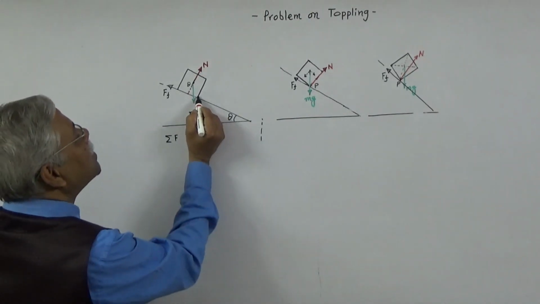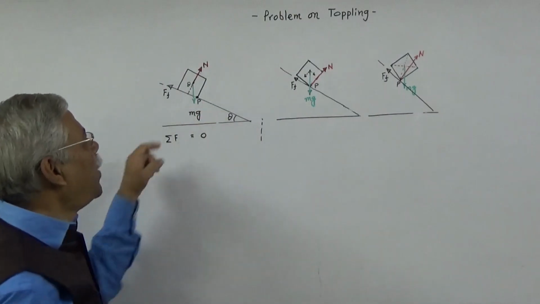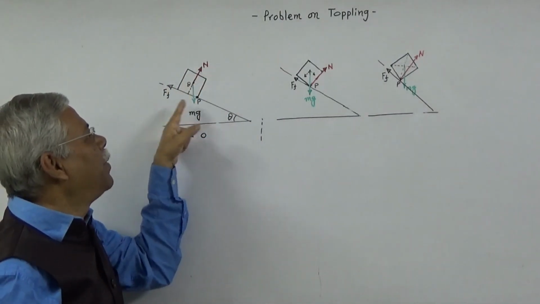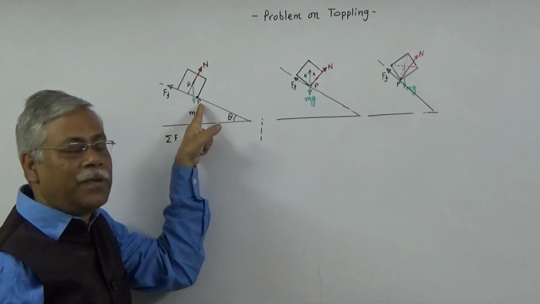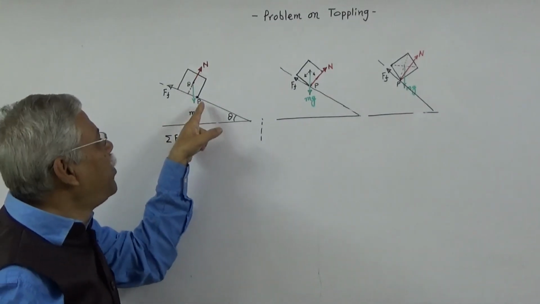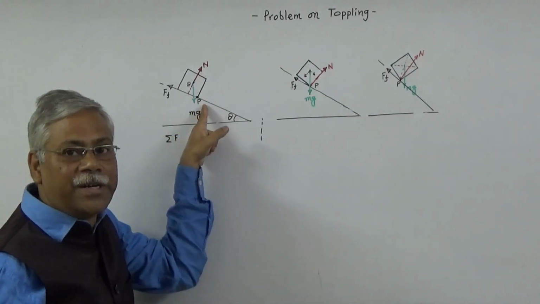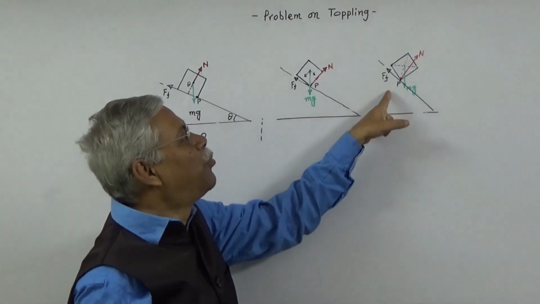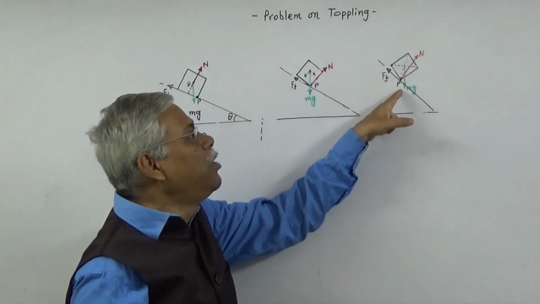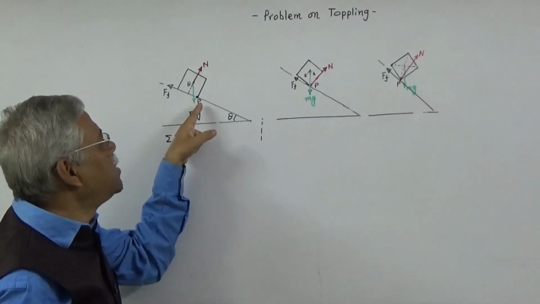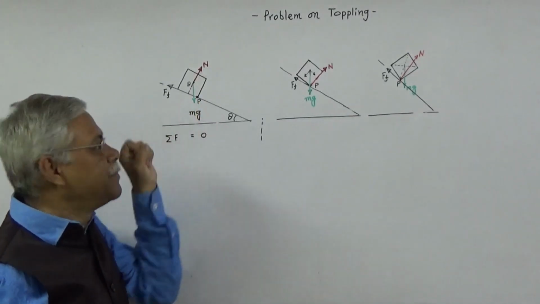Here we are considering the moments of these three forces mg, N and Ff about this point. Why about this point? Because this point is of our specific interest: when the body topples, it will do that about the point P. That's why we are considering torque about the point P.